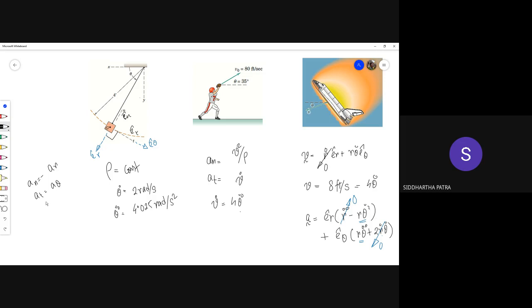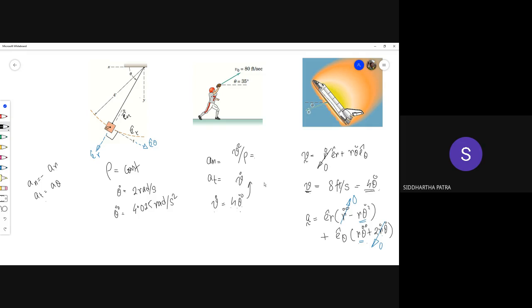You can directly do that, or for example, I can use this relation that velocity is 4 times theta dot, because the radius is not changing. From that I can find out the rate of change of the speed, not velocity but the speed, and that actually becomes my at. You can also check that it is the same quantity as r theta double dot. Then there is v squared divided by rho, which would be a positive quantity.